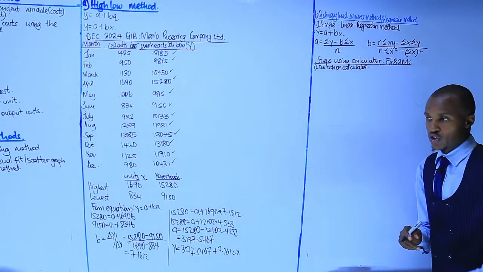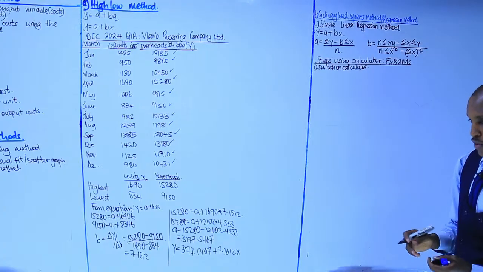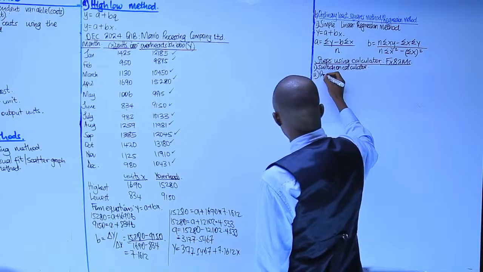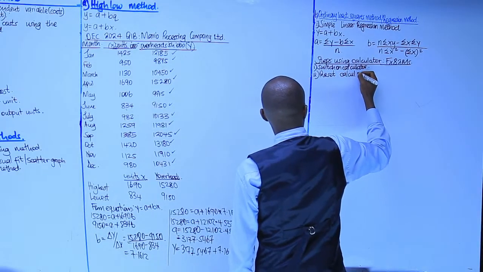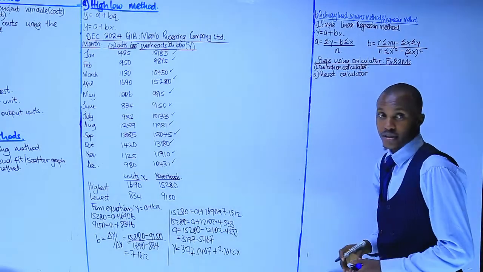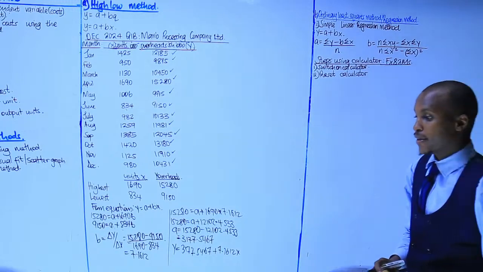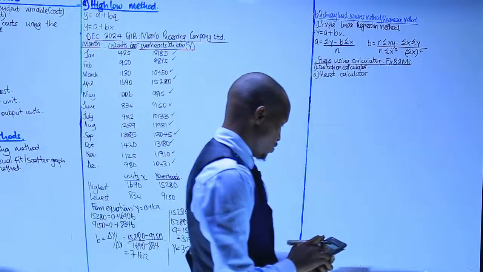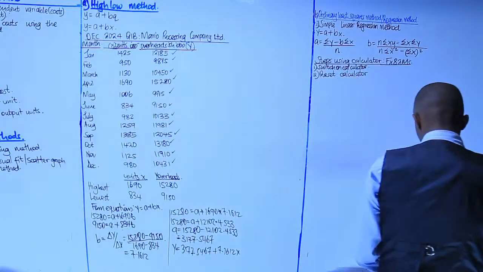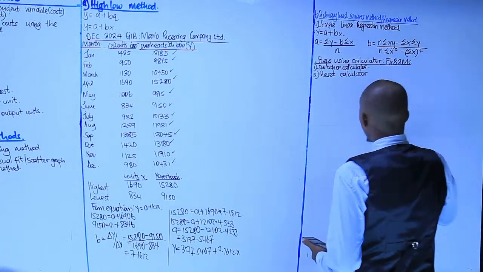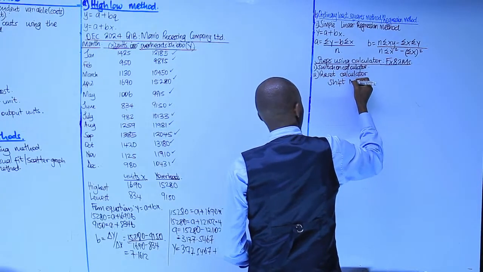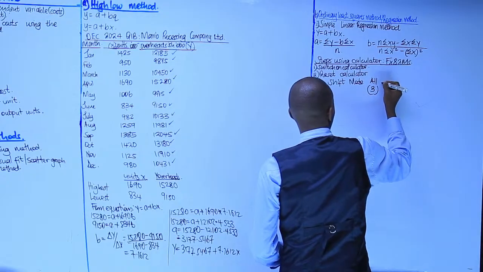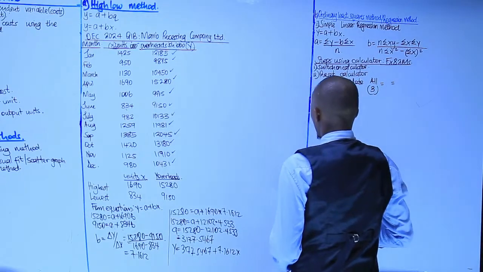Once we have switched on our calculator, the second step is to reset your calculator. You reset it by pressing shift, mode, all, which is given by number 3, then equals.